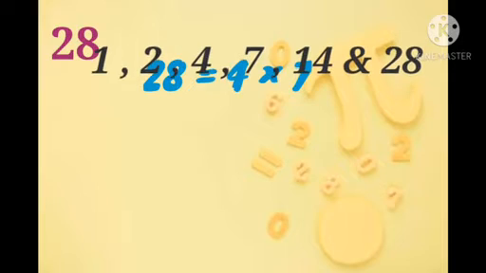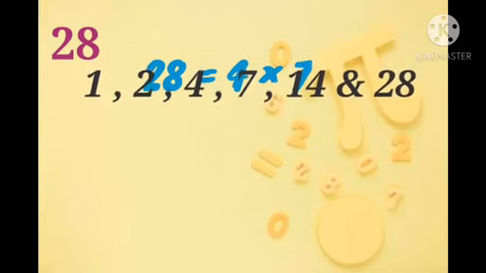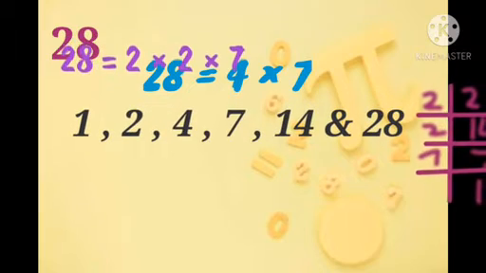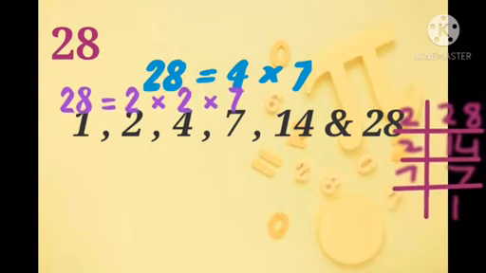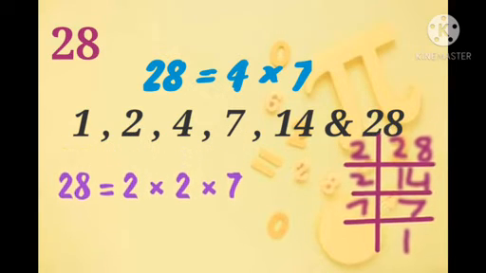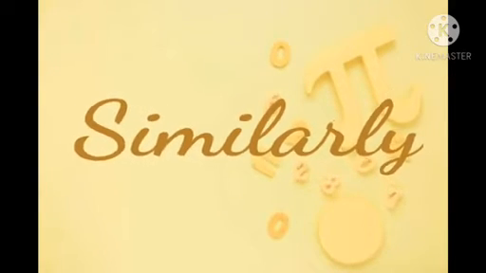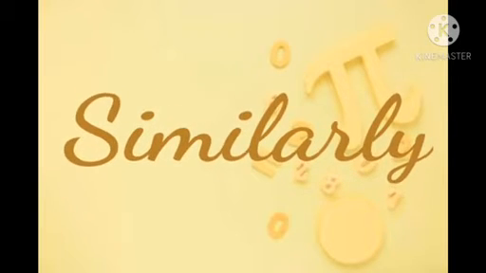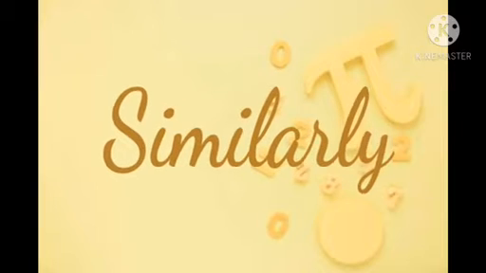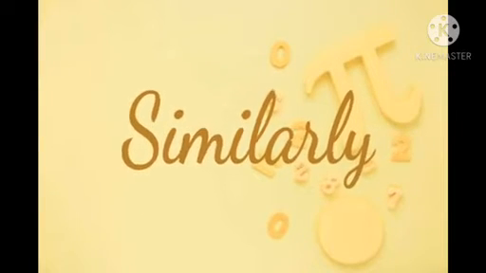1, 2, 4, 7, 14 and 28 are factors of 28. 28 can also be represented as the product of prime factors, that is 2 into 2 into 7. Similarly, an algebraic expression also can be written as the product of its factors or in an irreducible form.